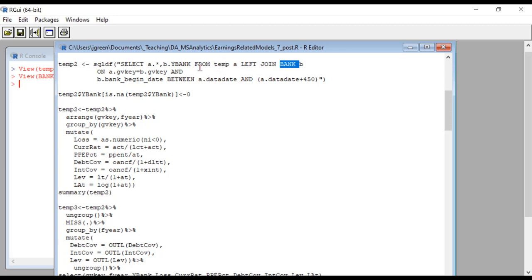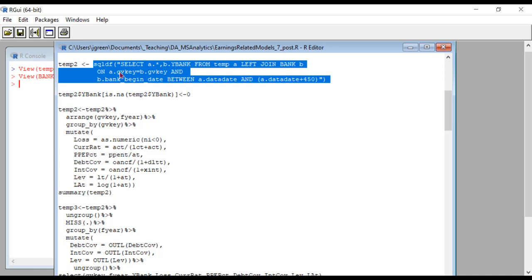So then that's easy to set up, right? So we always start with the select which columns are going to be in here. In the SQL language, you would start with creating a table. Here we're creating a table over here. So we're creating an object temp2 that is the result of this SQL statement.